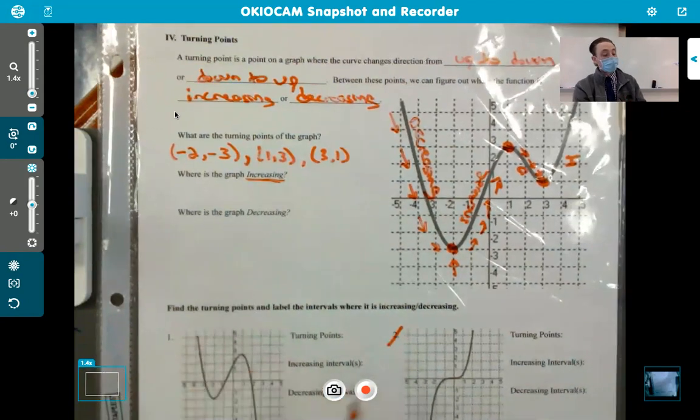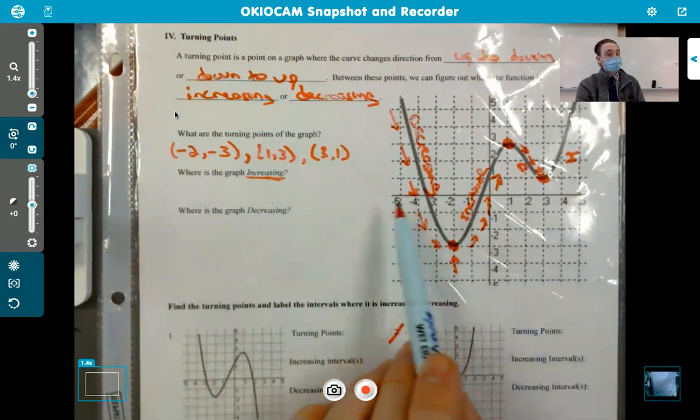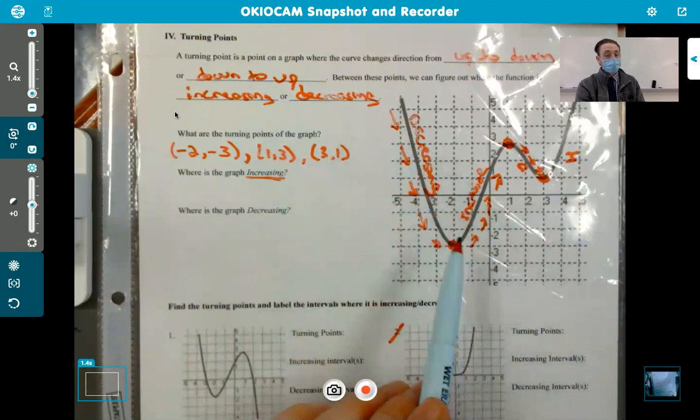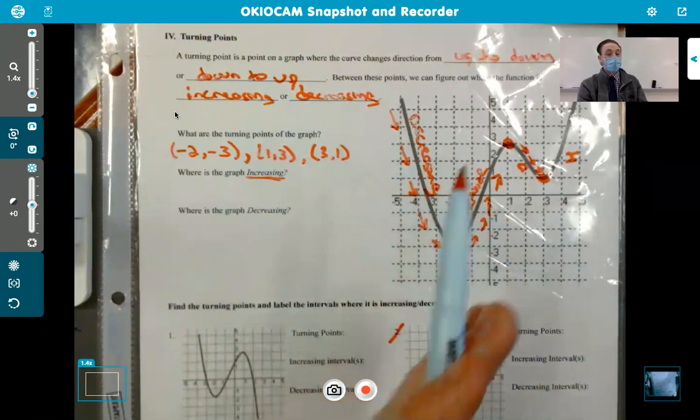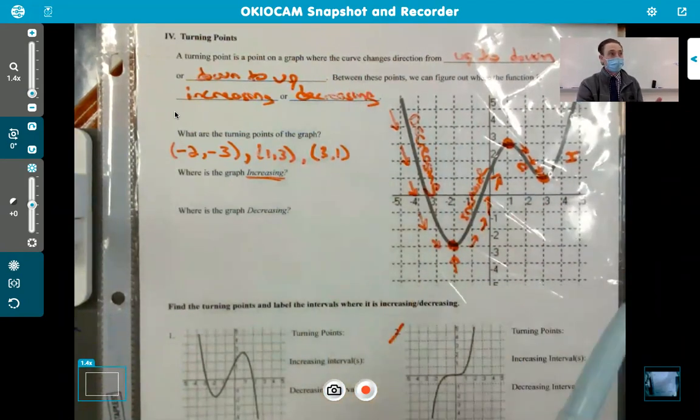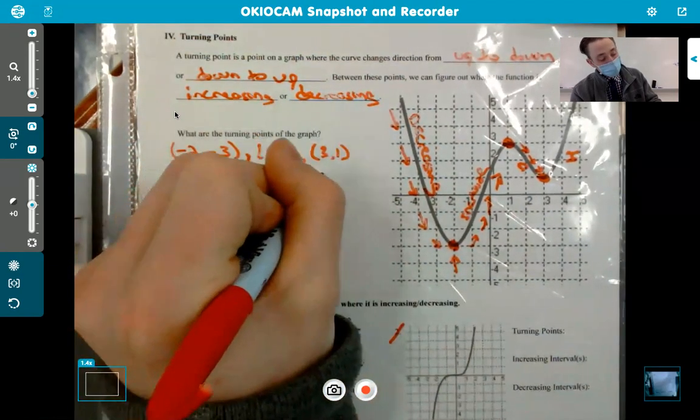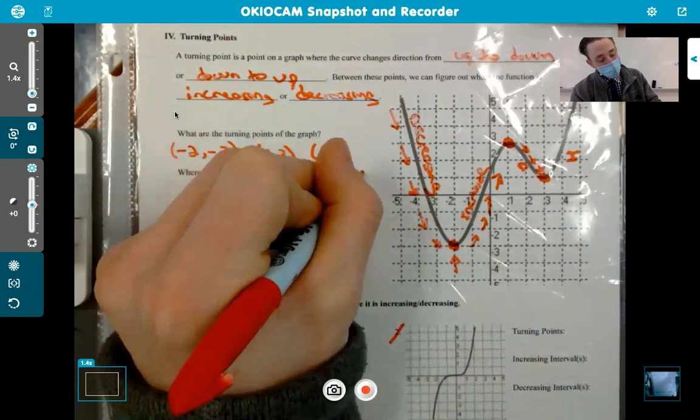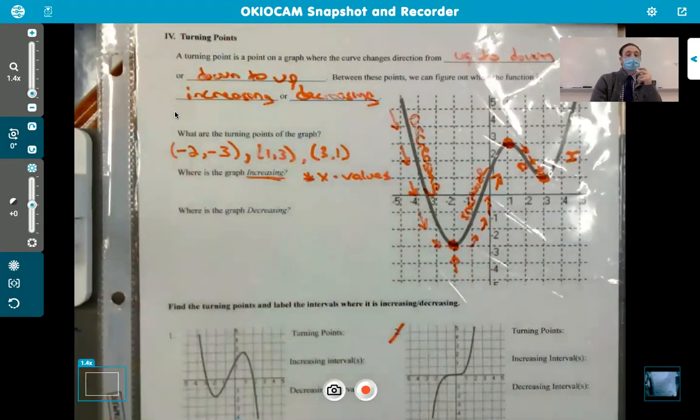Okay. So if we look across this graph from left to right, when am I decreasing? When am I increasing? And at what values does that stop and start? Okay. So if you want to make a note of that, make sure that you write down you're looking at X values for increasing and decreasing.